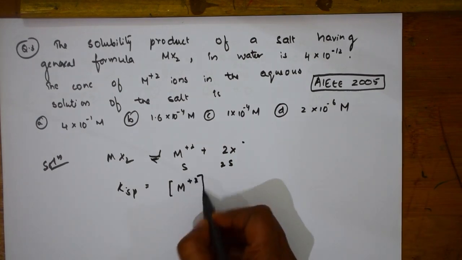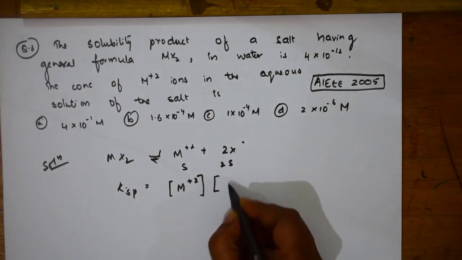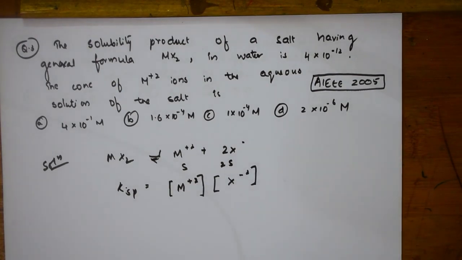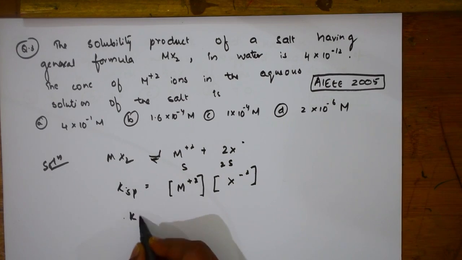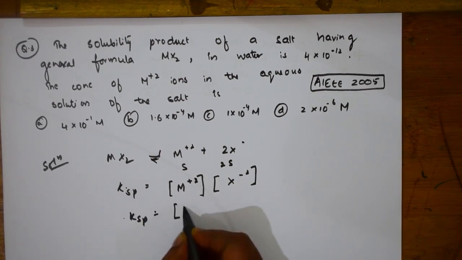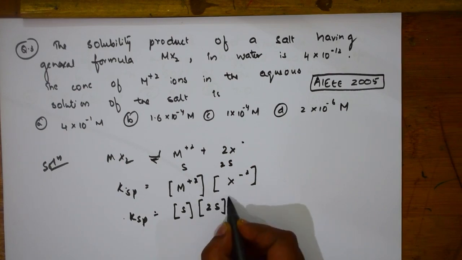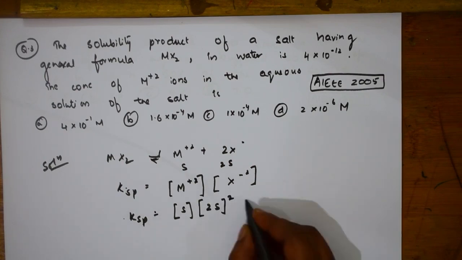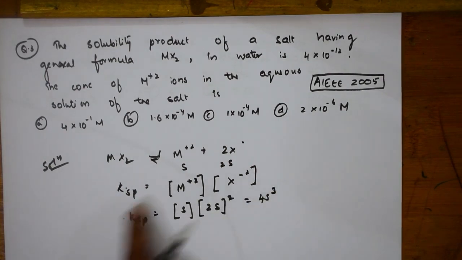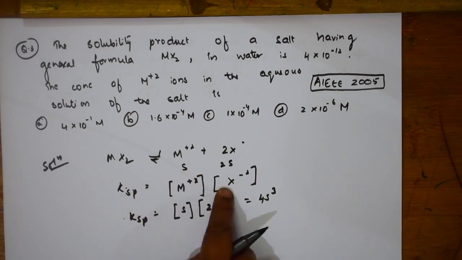Now this is the charge for this. For the X, this becomes minus 2. Now if we take the solubility as S, then we can write Ksp is equal to S into 2S, squared. This becomes 4S cube, because this is the formula according to the definition.